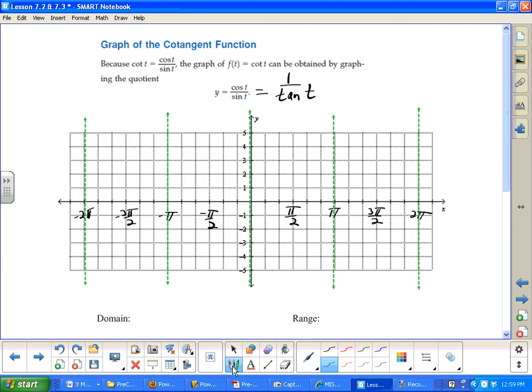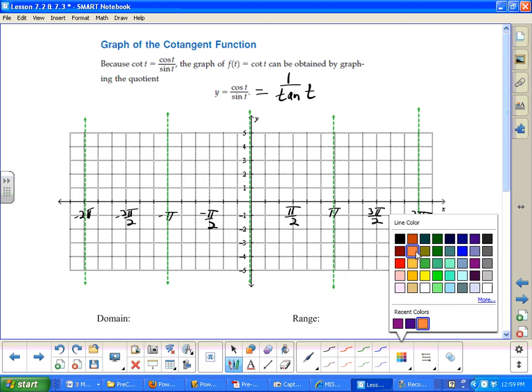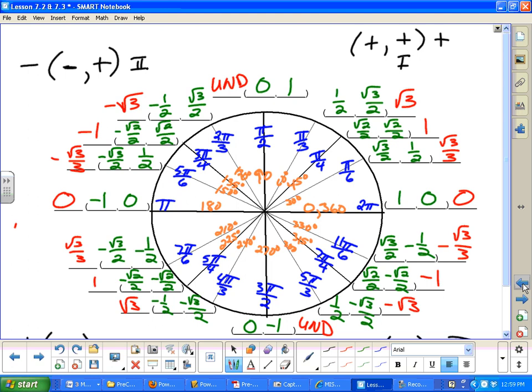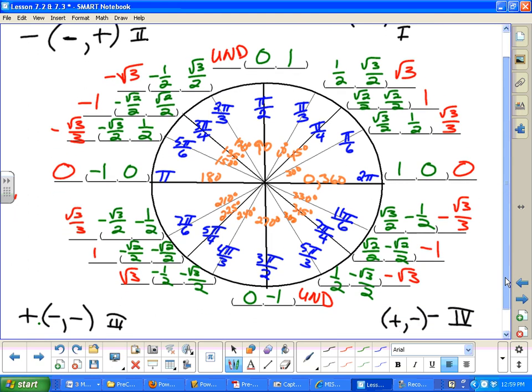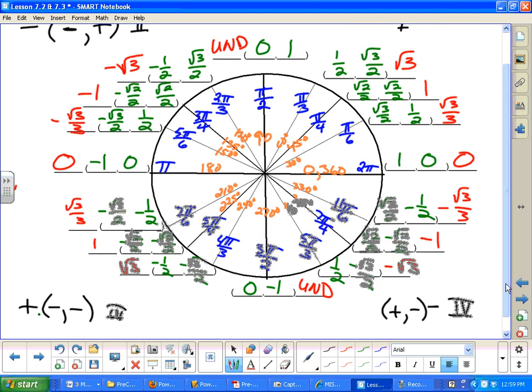Okay. So for cotangent. When is cotangent equal to 0 then? Because cotangent is cosine over sine, right?